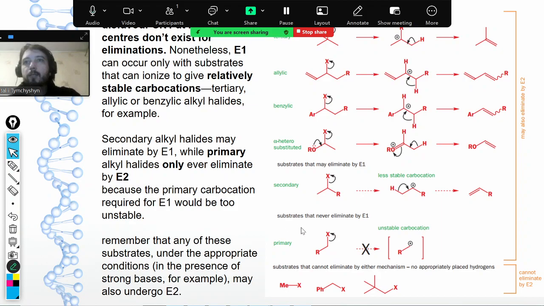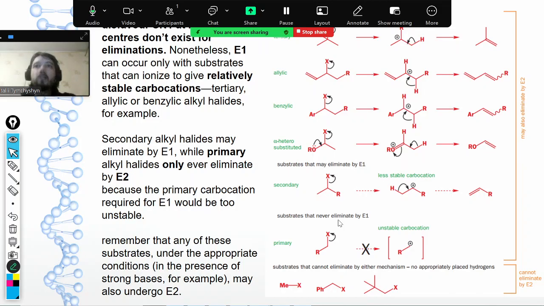Okay, and here is an example of the substrates that never eliminate by E1. This is the primary structure, and you cannot expect this group to leave. And there are some substrates that cannot eliminate by either mechanism, because there are no appropriately placed hydrogen atoms.